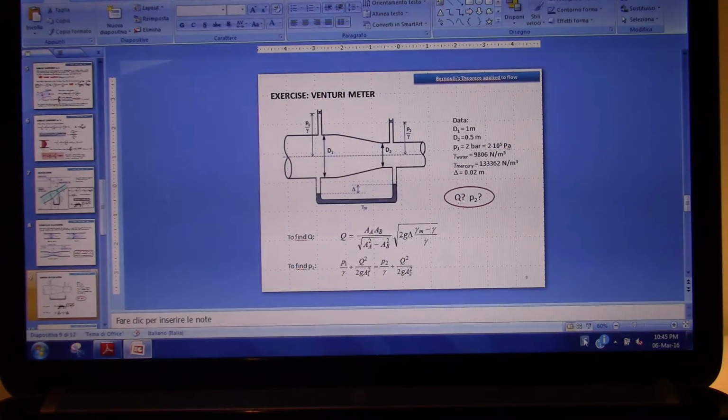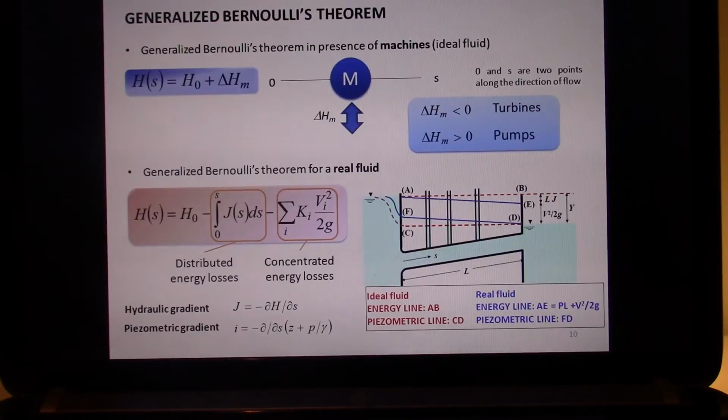Alright, so let's try to generalize Bernoulli's theorem. So basically, we want to express Bernoulli's theorem in two cases. The first one is the presence of machines. What are machines?